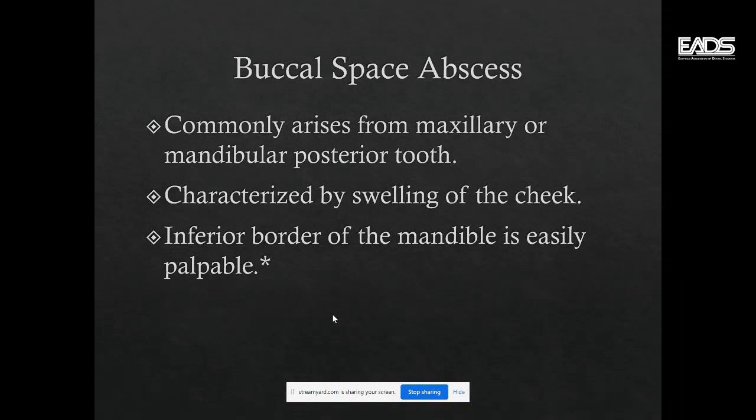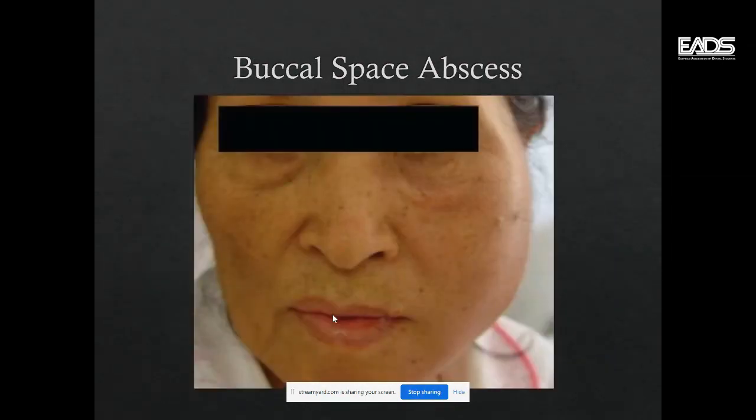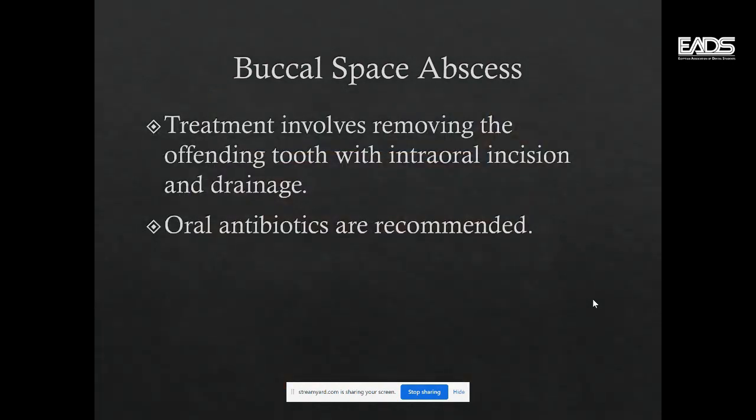If you cannot, then it means it is in the submandibular space. This is how it looks like in a case. You can see there is a swollen cheek.